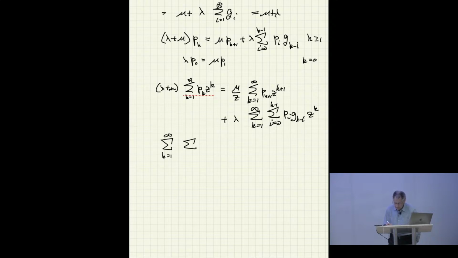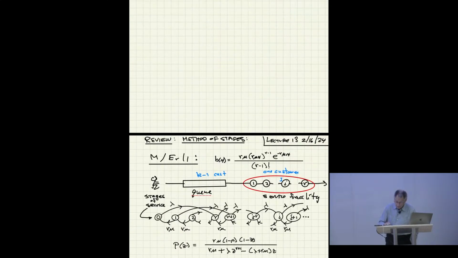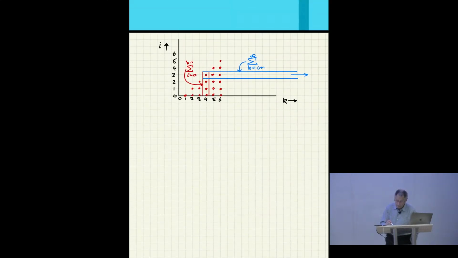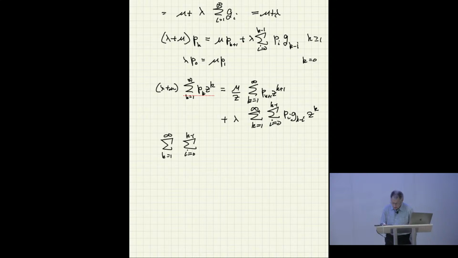So summation k equals 1 to infinity, summation i equals 0 to k minus 1. And I want to plot that on the i-k plane. I've already prepared the picture, so I don't have to draw it too carefully. So I'm just going to copy it, because it wants to be drawn fairly carefully. So let's put that right here.